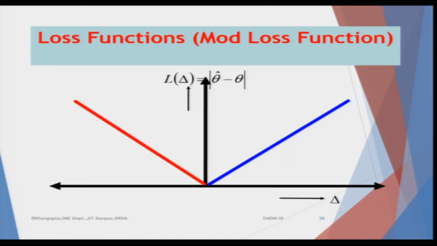In case the loss function you are using is the modulus loss function, or mod loss function, in this case also the overestimation and underestimation would be equally penalized. In this case it will just be the mod of the difference of the estimated value and the parameter value.